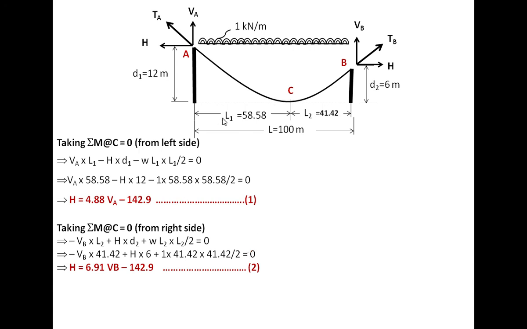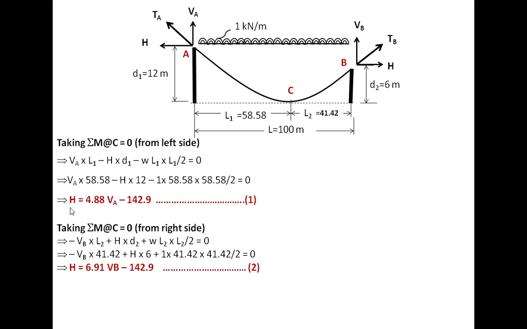Now since we want to find out what is H, we will take moment at C equal to 0 from the left side. So we can say VA into L1, that's a clockwise moment, minus H into D1, that is 12, minus W into L1 by 2, that is the moment due to this UDL, should be 0.